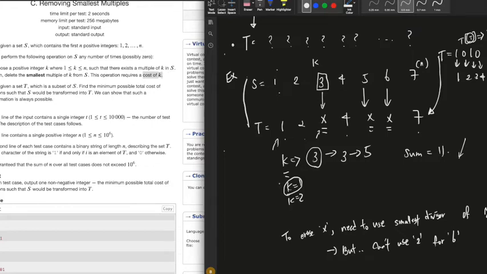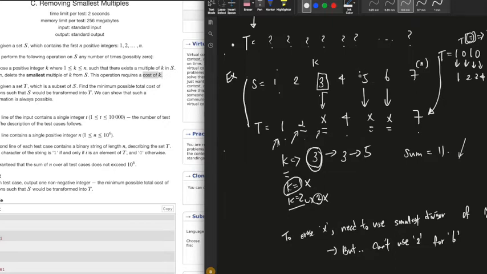Because the smallest multiple of k will be 1, not 3. So k equal to 1 will not be the one for number 3. And we'll think about k equal to 2. Because the smallest multiple of 2 will be 2, that will point to 2, not 3. So it's obvious we can only have 3 for 3.